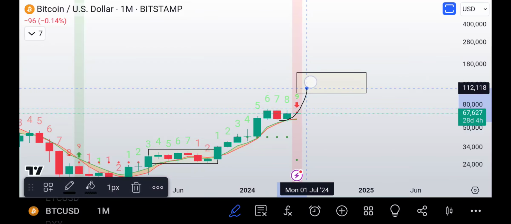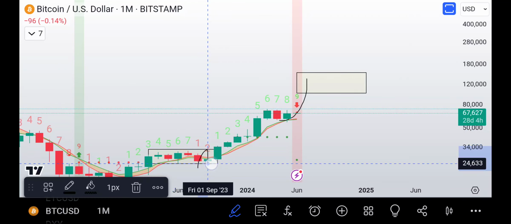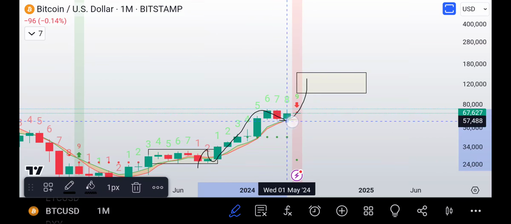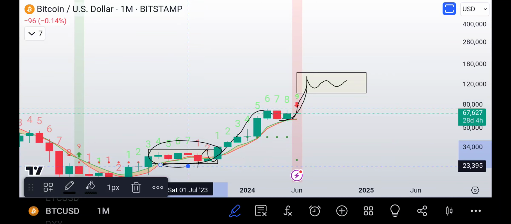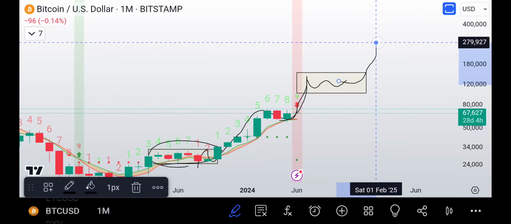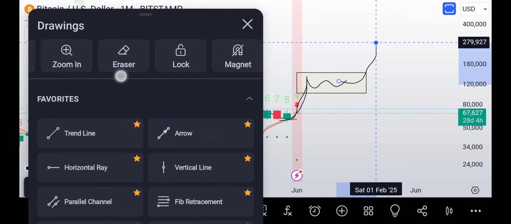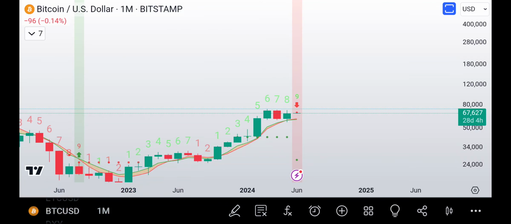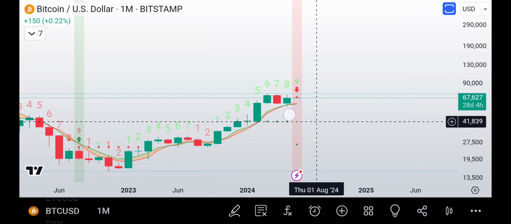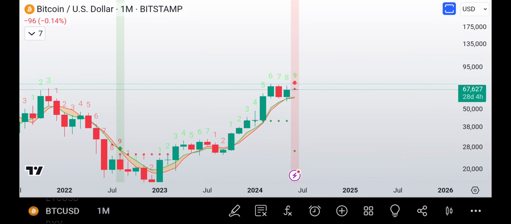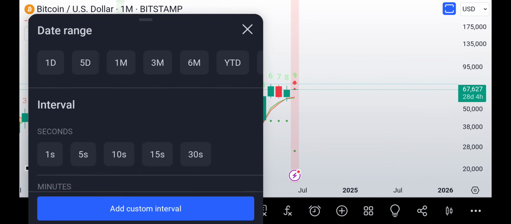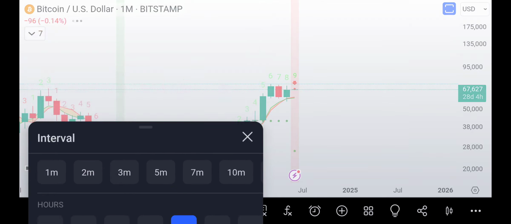If we have another hit to the high, we'd have 1, 2, 3, 4, 5, and then do something more equivalent to this before finishing out the wave. But again, I don't think that's the case. I think this is a wave 4. So we've got one more wave to go, and in that wave we'll have 5 waves, so I think it should be pretty good.